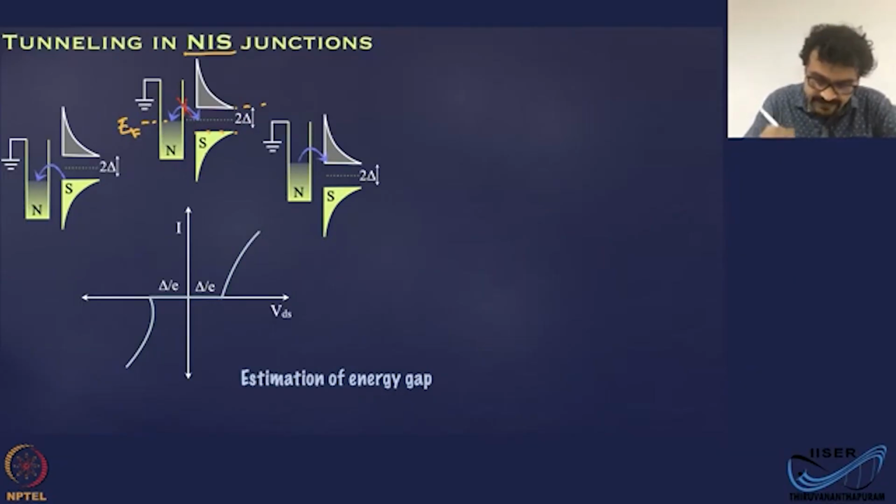So now let's consider the case of zero bias. So what happens at zero bias? So you have electrons available on this source side to go, but there are no states on the drain side, or on the right side.